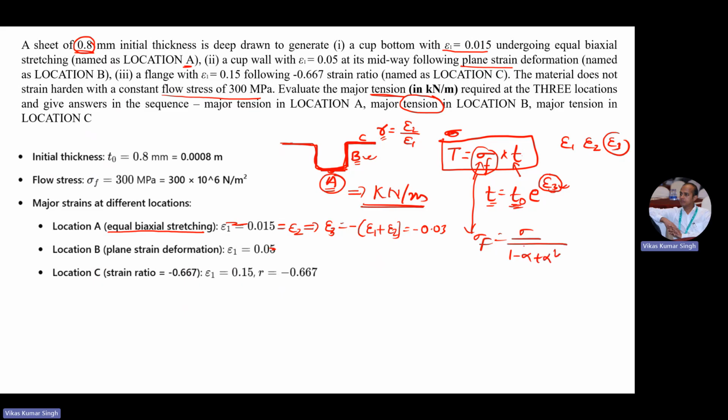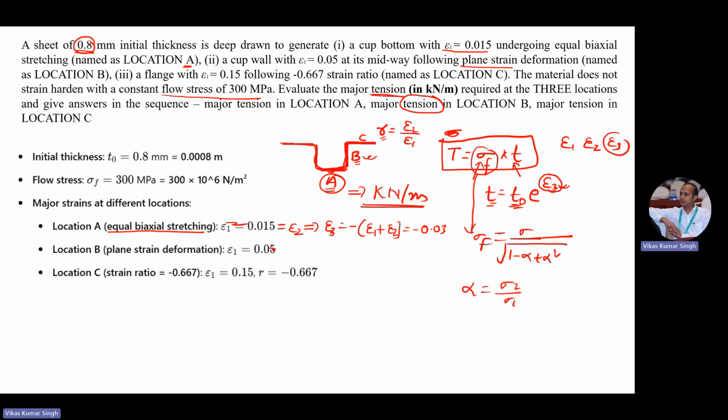This formula comes from the derivation of the equivalent stress, and alpha is the stress ratio. Alpha is nothing but the stress ratio, sigma 2 by sigma 1.